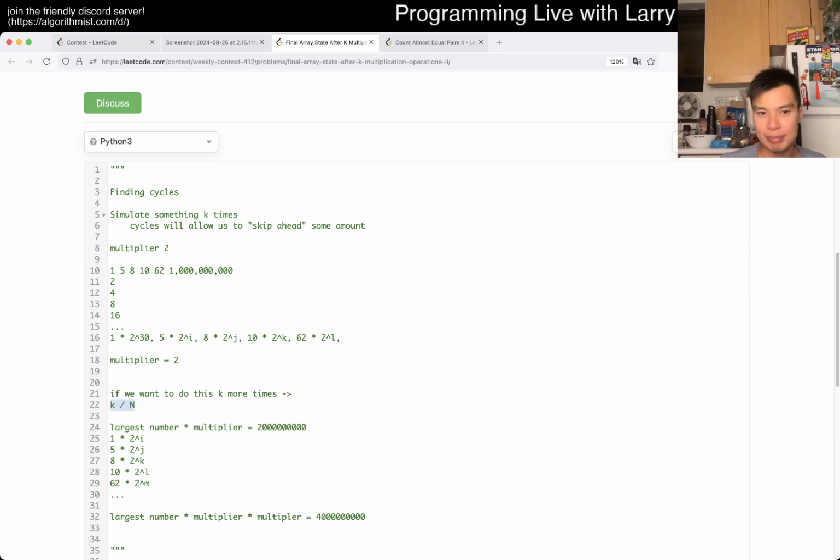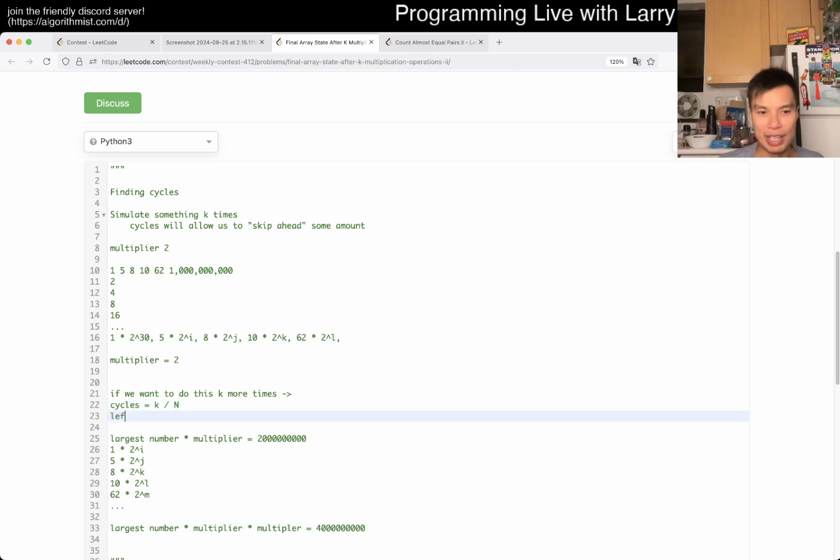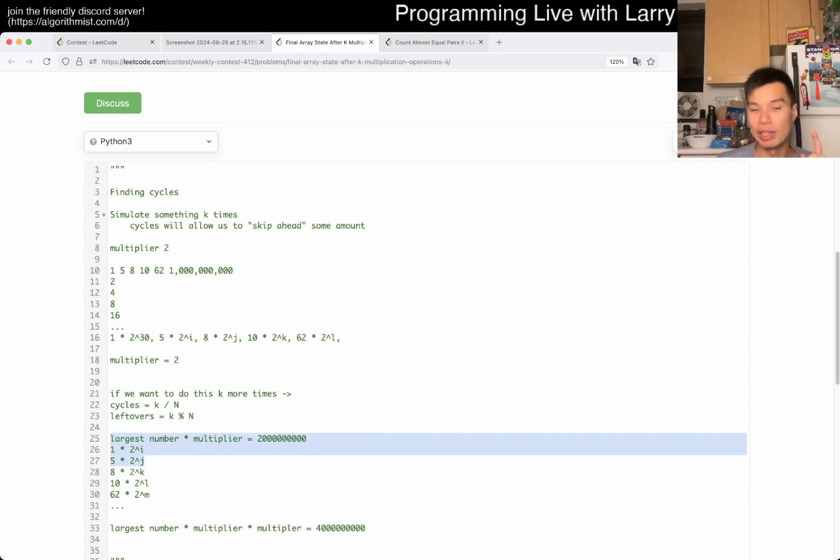So the number of cycles is equal to K over n, because this is just the number of total loops on all the numbers. And then there's something I call leftovers. Leftovers is equal to K mod n. For the leftovers, you do the first leftovers and then multiply them one more time.